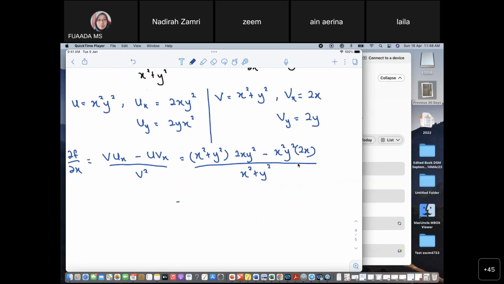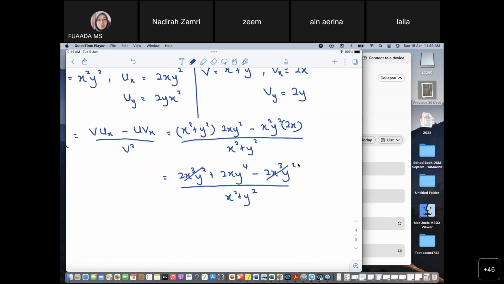So we try to expand and then simplify. So we have 2x cubed y squared plus 2xy to the 4 minus 2x cubed y squared, divided by x squared plus y squared.